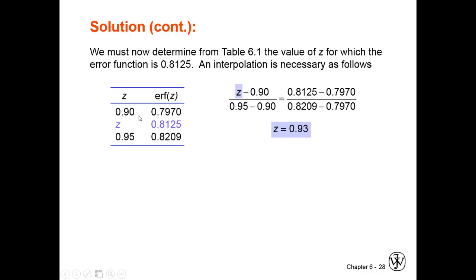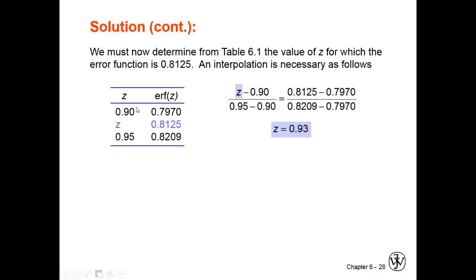Interpolation simply means that we're assuming that between these 2 points, our curve is approximately linear, close enough to do an approximation. So we set this up as a ratio.